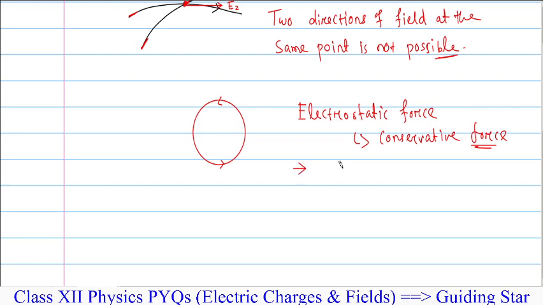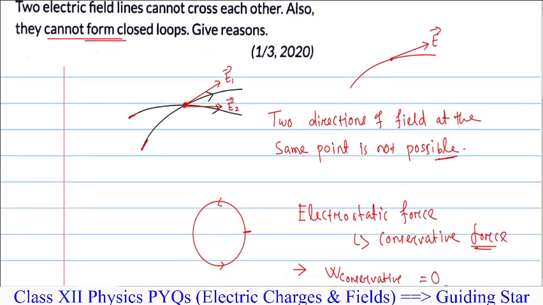What is that property? Work done by a conservative force over a closed loop will be 0. So this is the reason why they cannot form a closed loop.